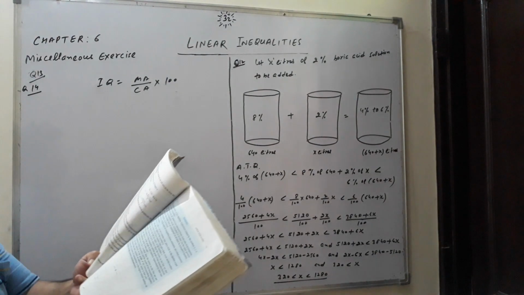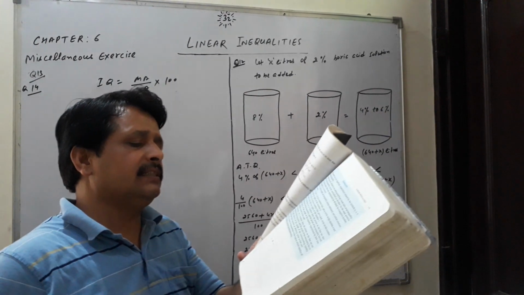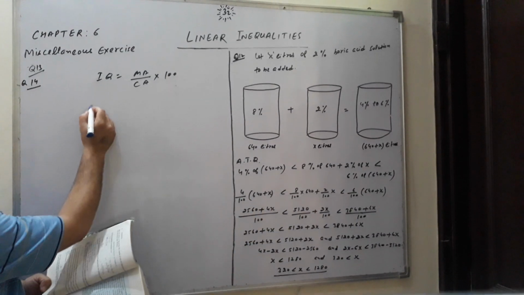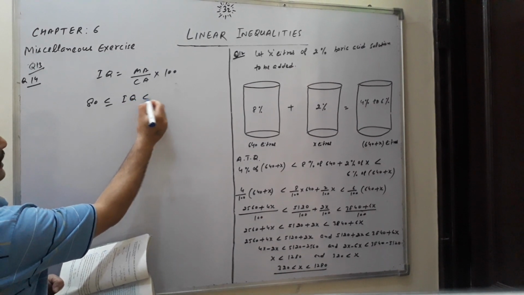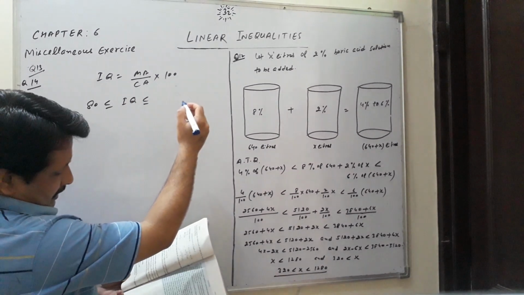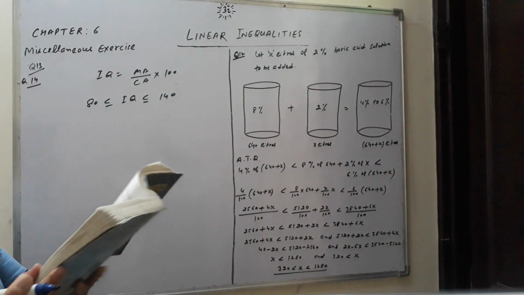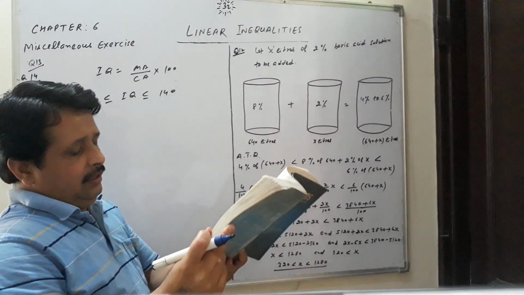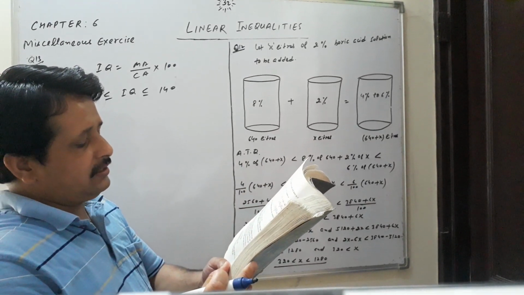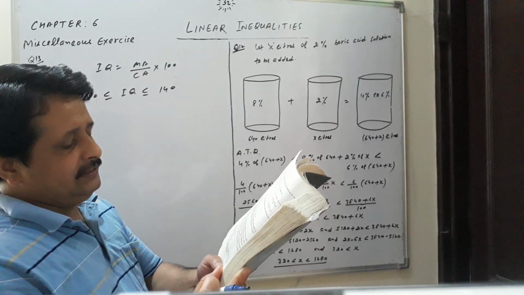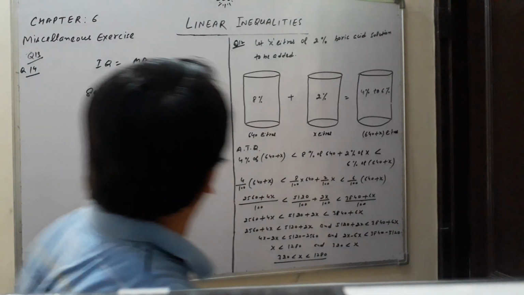Where MA is the mental age and CA is the chronological age, and the range is given as 80 is less than or equal to IQ is less than or equal to 140. Now, for the group of 12-year-old children, find the range of their mental age. Students, here in this question we have to find the mental age.